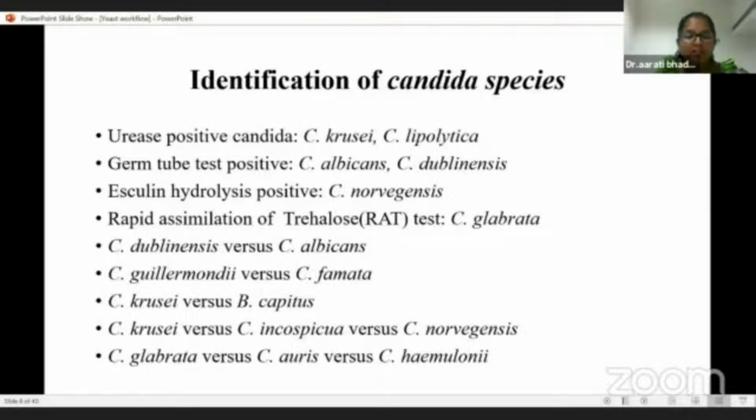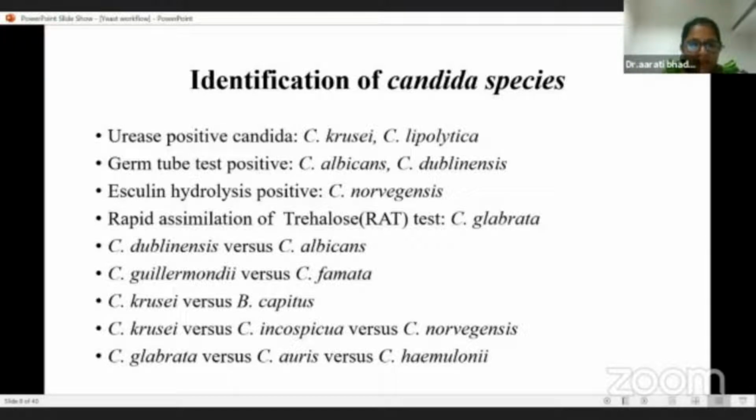With conventional methods, we have to identify Candida dubliniensis versus Candida albicans, Candida guilliermondii versus Candida famata, Candida krusei versus B. capitis, Candida inconspicua versus Candida norvegensis. These can be identified with the help of conventional methods.